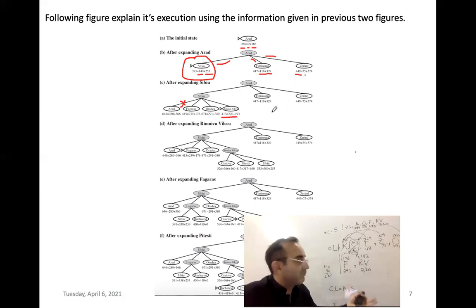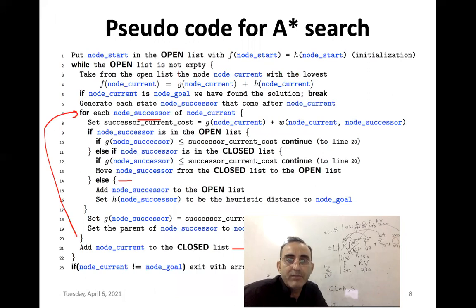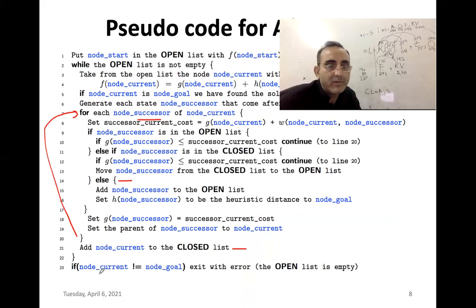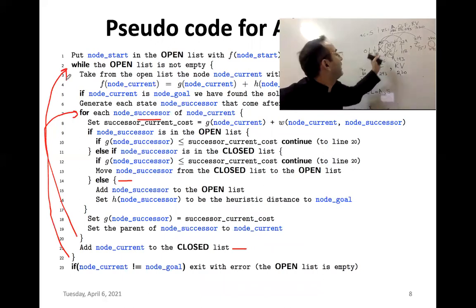So now again, I have added this CPU into the closed list, and now this while loop is ended, and you have to go back here, and then you have to check open list is empty.